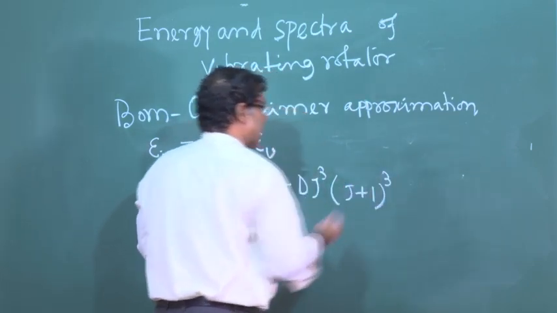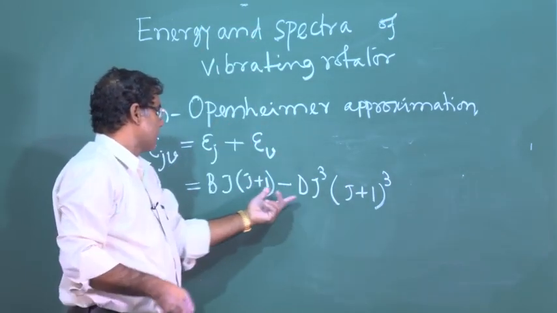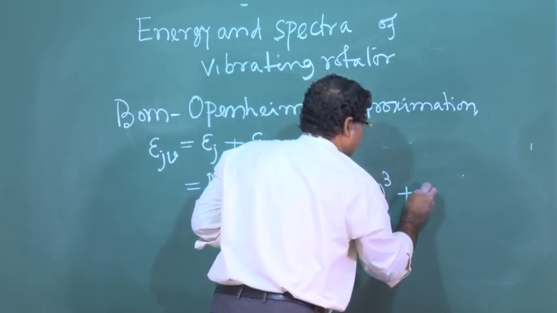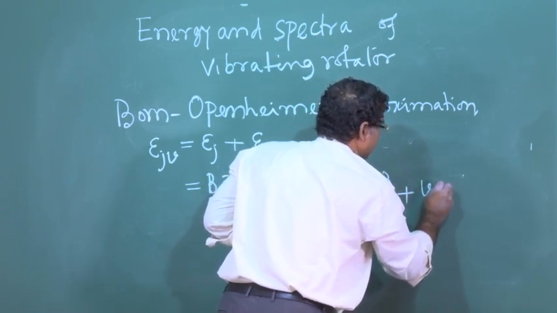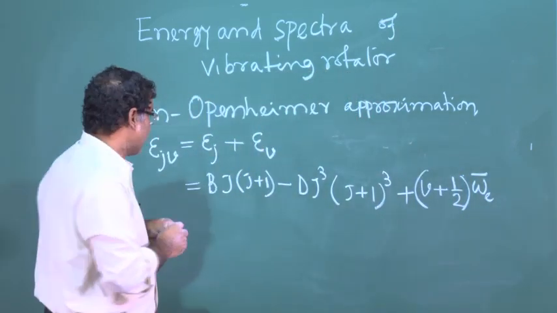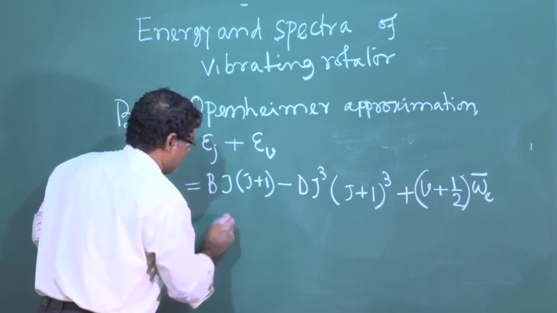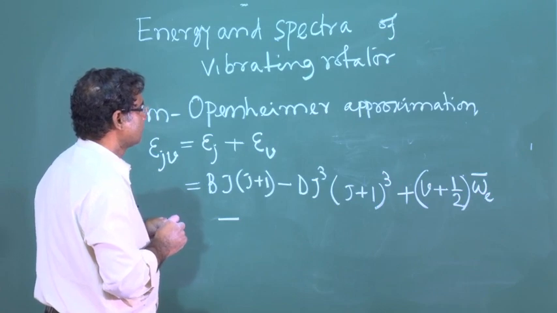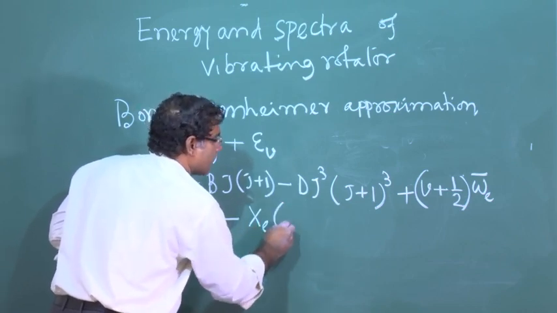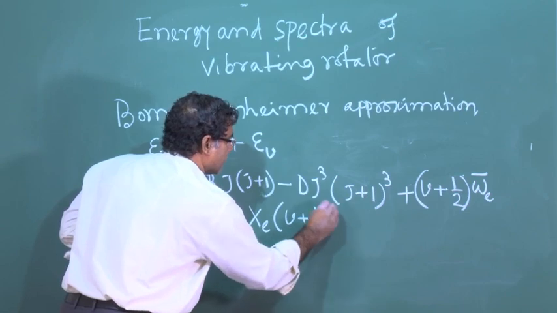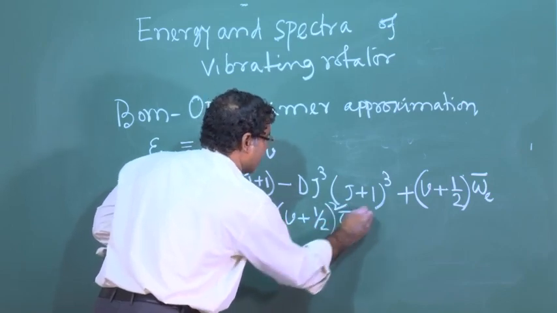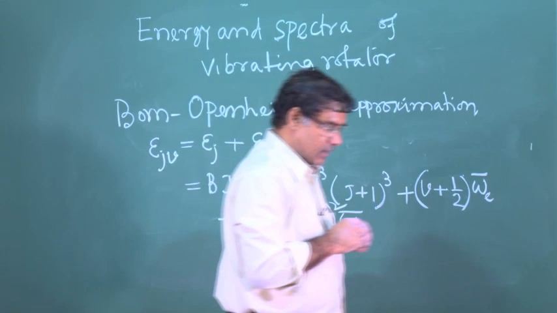That was the rotational energy, plus the vibrational energy, which I can write as (V plus half) omega_e bar minus X_e (V plus half) squared omega_e bar. Okay, so that was the energy.